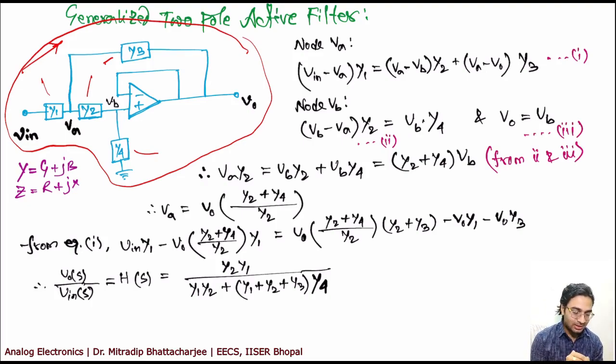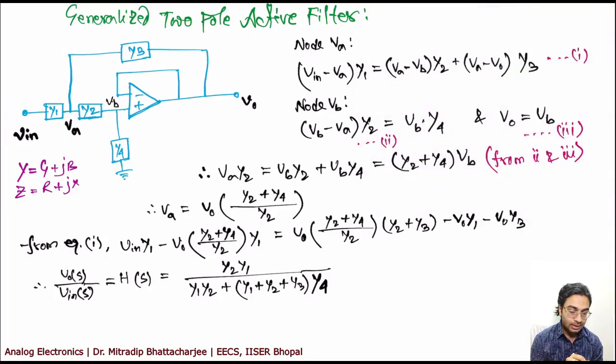Okay, so in this case you have Y, which can be written as G plus jB, which is nothing but the opposite of Z, the impedance that we discussed earlier, which is R plus jX. So G is nothing but 1 by R. Okay, so if you see this circuit and consider the nodes VA and VB, then you can write at node A, what are the currents?